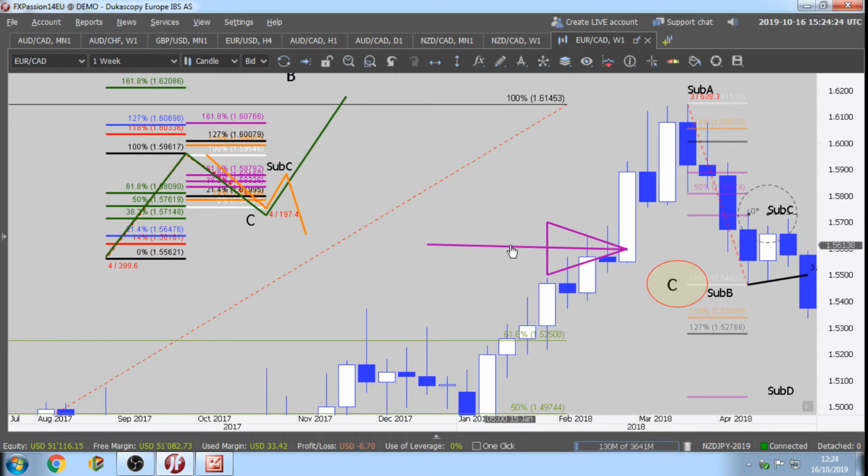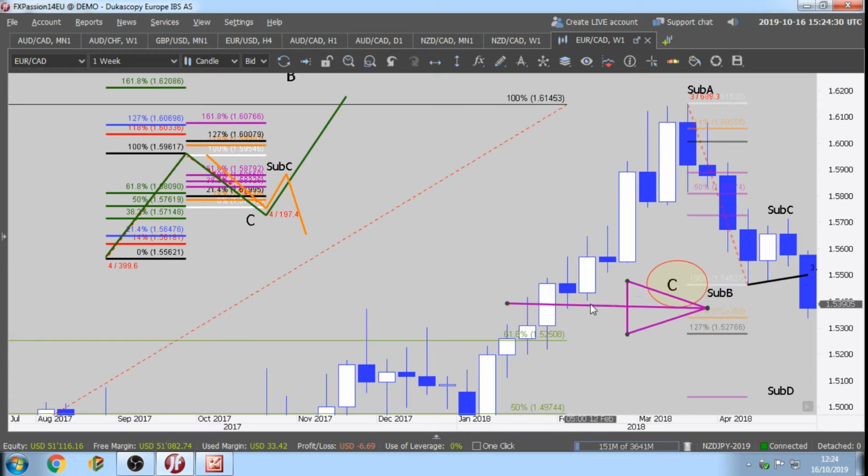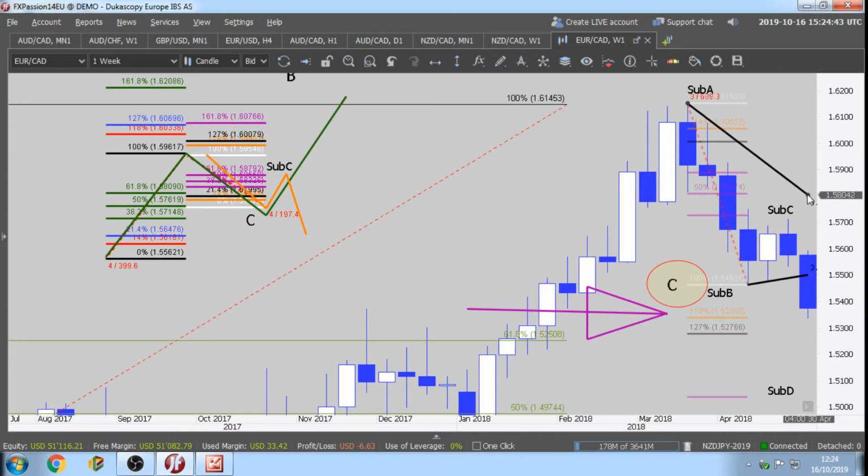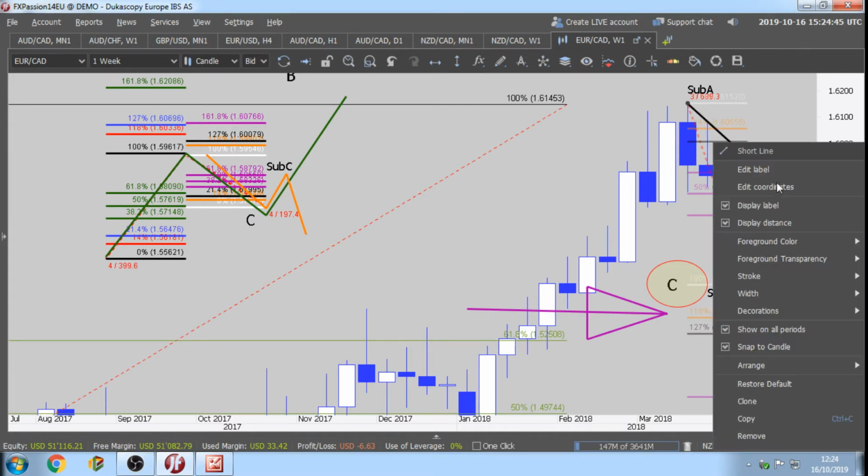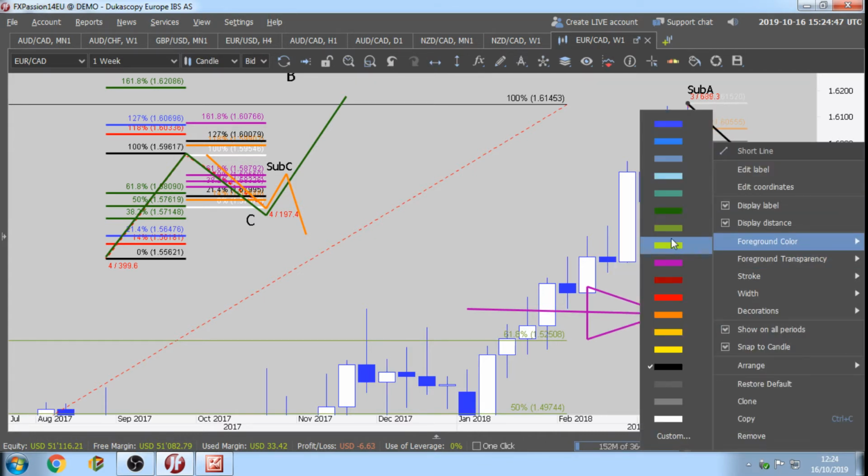Now, should we enter the market? Let's go short or not, everybody? Should we go short or should we stay out? And our counter trend line for the buyers is, let's color code it, green.